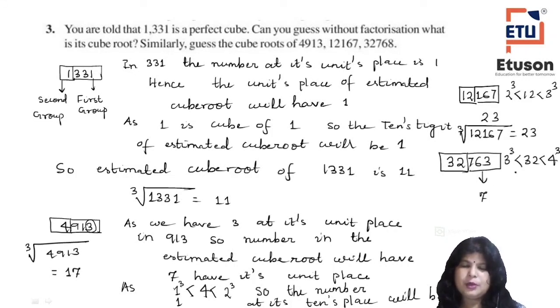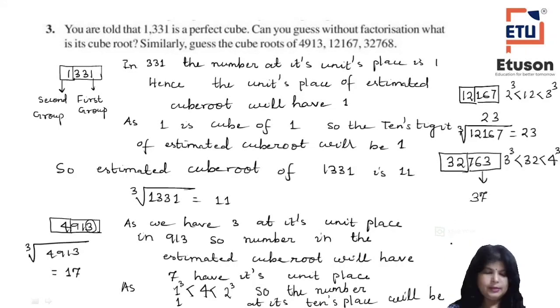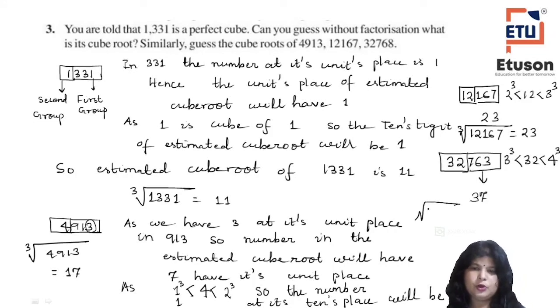From this you have to take the smallest, so the number at its tens place will be 3. So the cube root of 32768 will be equal to 32.